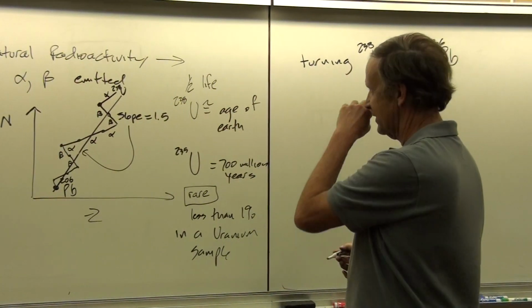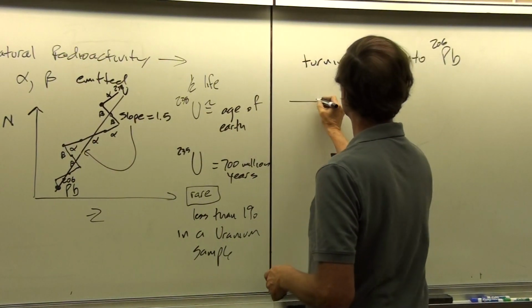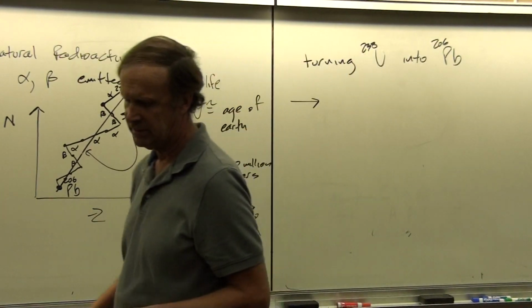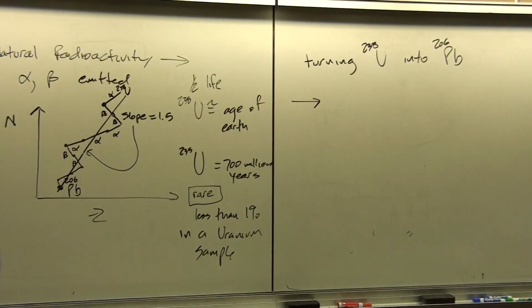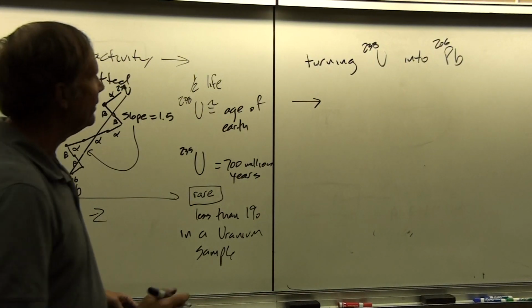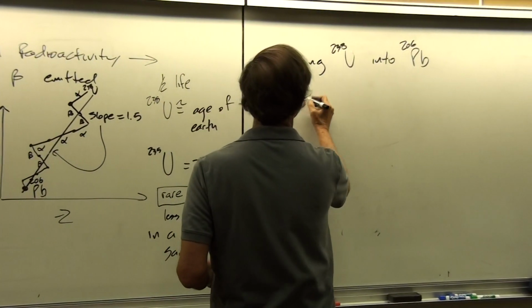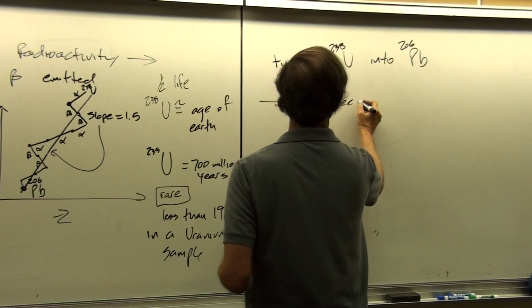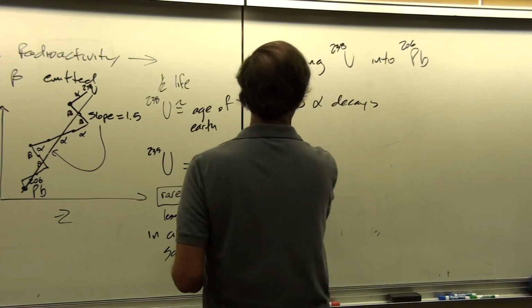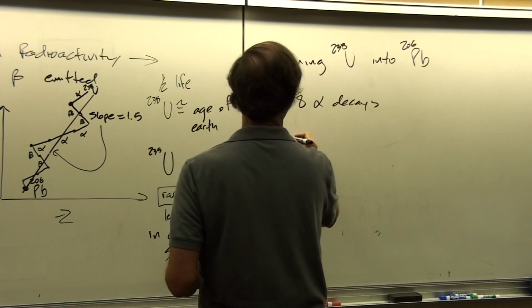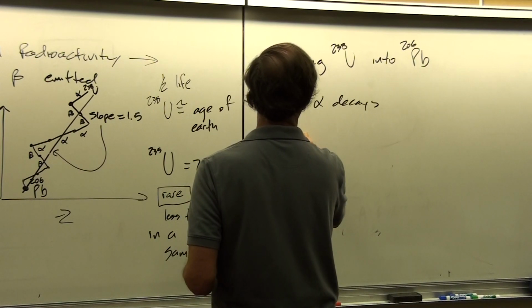And so in this process, let's say that there are, and this turns out to be the correct value, by the way, 8 alpha decays. And a certain number of beta decays.